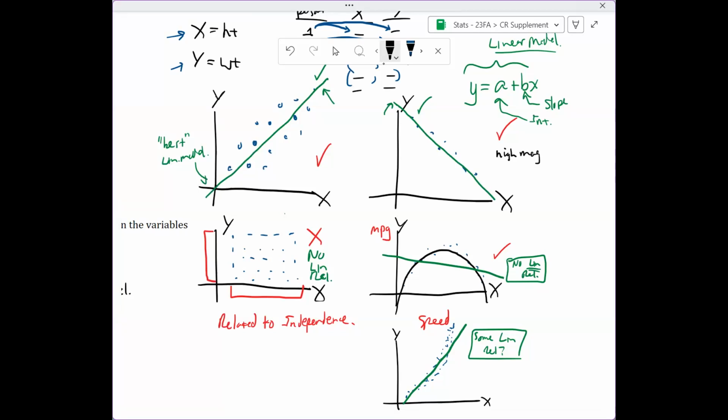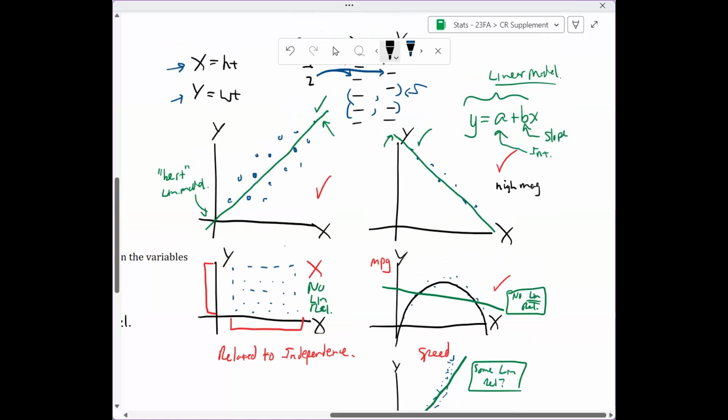It's going to be near 1 in magnitude, or in other words, near -1 or near +1. Similarly, for the top left, I found a line that does a really good job modeling the data, where most of the data points are pretty close to the line. This would also have a high magnitude. It would be near +1 in absolute value.